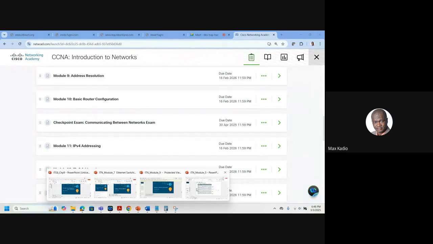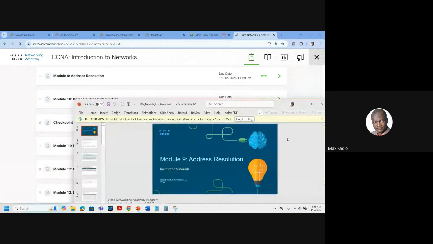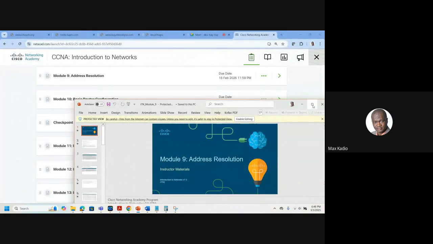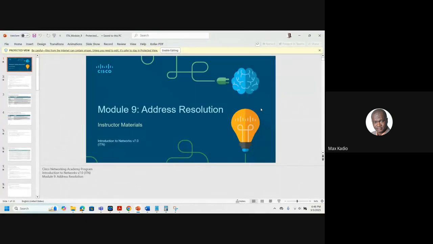So quickly, when it comes to basic router configuration, I'm not going to do that now. It's the ARP first. ARP is Address Resolution Protocol. I know the IP address of the destination, but I don't know the MAC address. So it's a system to shout, hey guys, I know your ID number, but I don't know where you live.